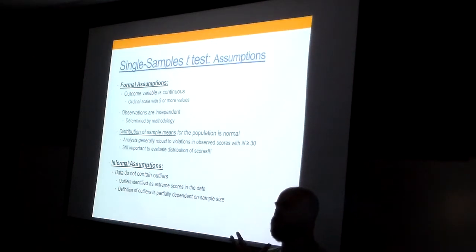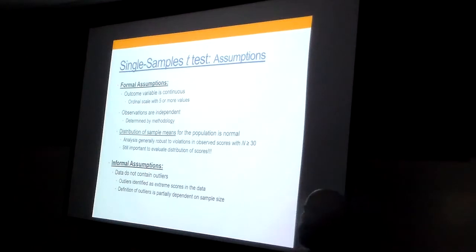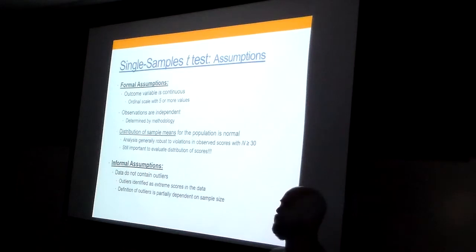How concerned are we with the distribution of scores that we're seeing in our sample? I think it's important to us. Okay, so it's relevant. We want to look at it, but let's say we get a distribution of scores that have some level of skew to them. Does that mean we can't do our t-test?